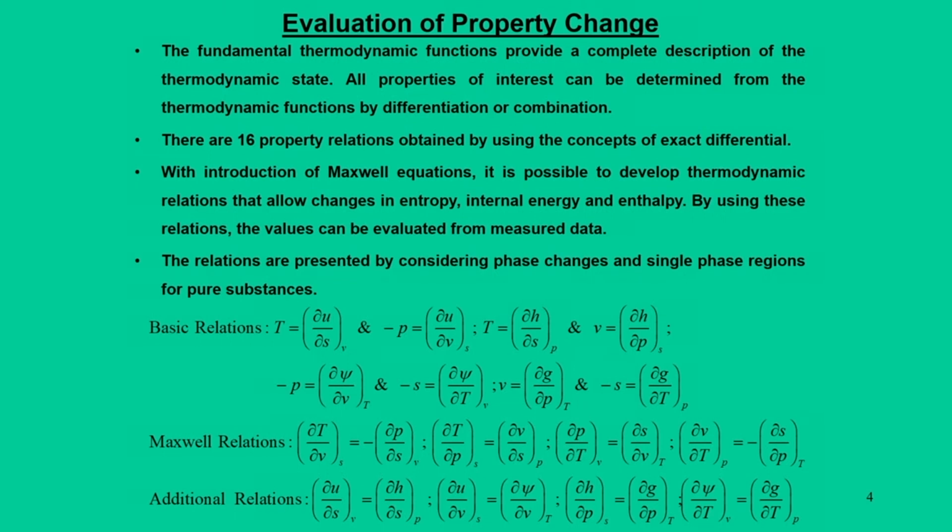The phase change case may be solid to vapor or solid to liquid or liquid to vapor and vice versa, and single phase region means either it is in solid or in liquid or in vapor.